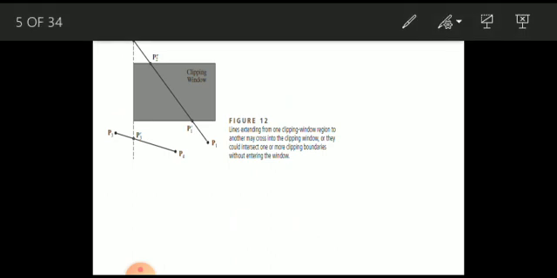Now, let us look at this example. How exactly does the clipping happen in the Cohen Sutherland line clipping algorithm? You can see we have a line segment indicated by two points P1 and P2. Similarly, there is a line segment indicated with the points P3 and P4.